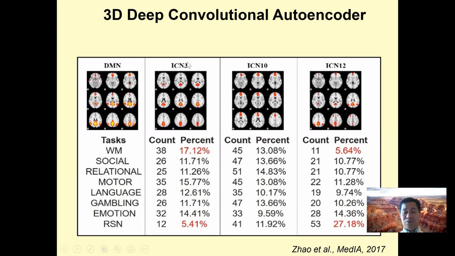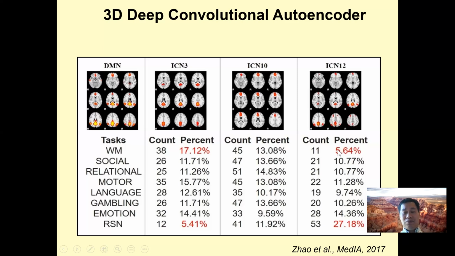That means the same default mode network has 3 subtypes in different individuals and different tasks. They are active, doing different things, so the appearance and the spatial distribution are different. This gives us a very good sense that brain networks are not static, they are dynamic. They have different subtypes in different cognitive tasks and in different individuals.